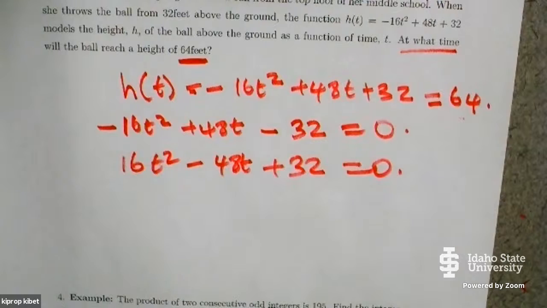Now, we need to use the steps that we did last week. So what was the step? What do you do first? Isn't it the product property? No, before that, GCF. You look for the GCF. So what is the GCF of that function? 16.